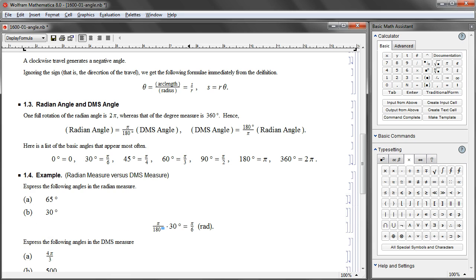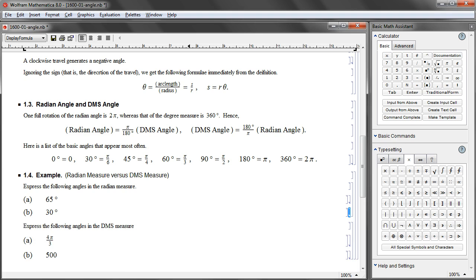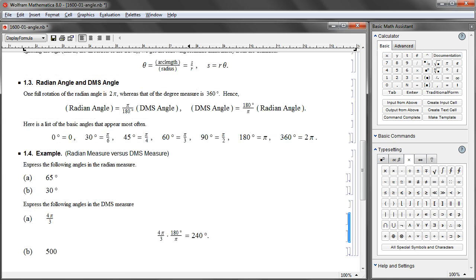Kind of like this: degrees cancel out, and then 30 over 180 is 1/6, and we gain pi. So that's the way we convert degrees to radians. We can go backwards from radians to degrees simply by multiplying by its reciprocal, 180 degrees over pi, and then we can convert the radian measure to DMS measure.